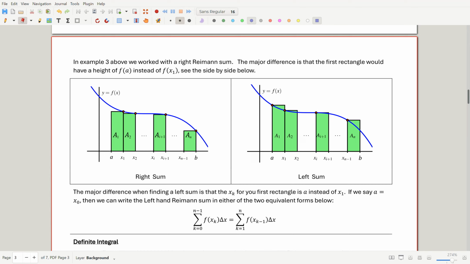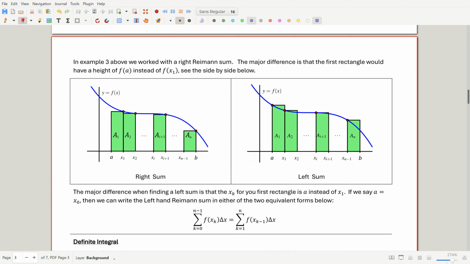That little change, counting from 0 to n minus 1 instead of from 1 to n, gives you a left sum. Basically each of your individual rectangles is starting at an x value that's 1 delta x less than it would have been in the right sum.